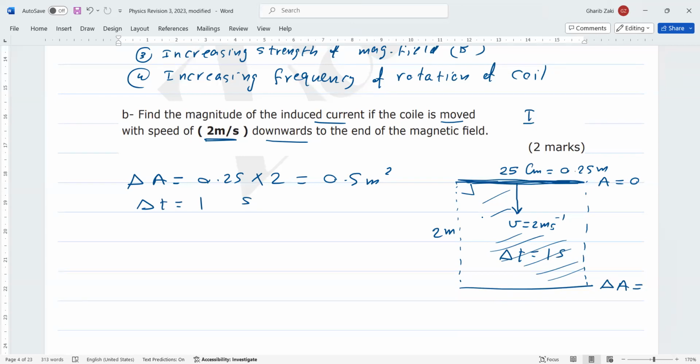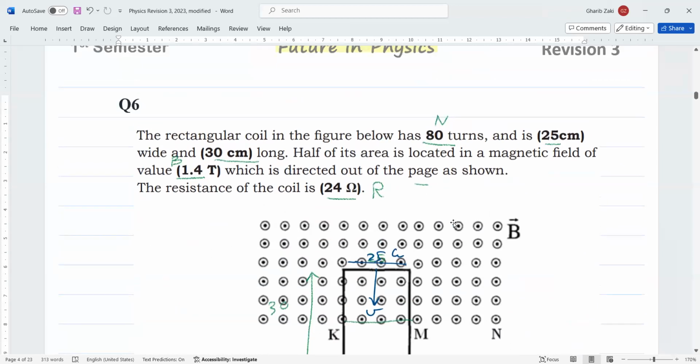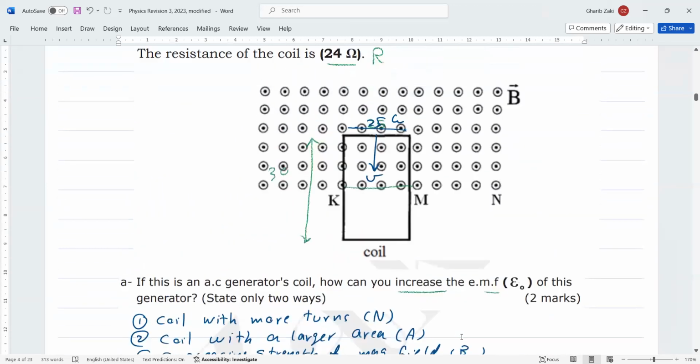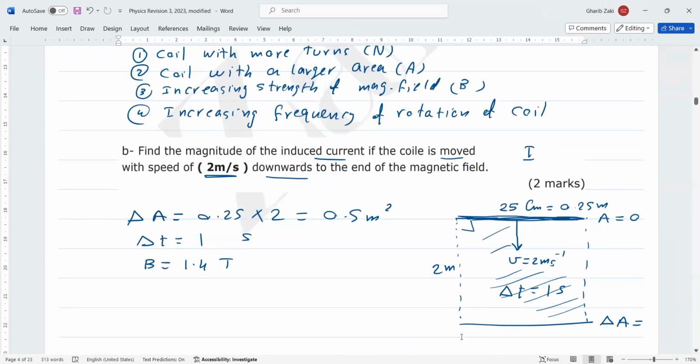Okay, now, what is B? B is given here. B equals 1.4 Tesla. He said here 80 turns, so N equals 80. Now we use EMF induced. So EMF induced equals N delta phi by delta T. The change in flux happened because of the change in area.